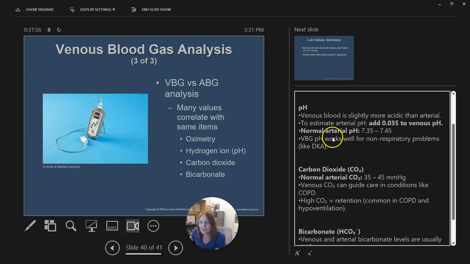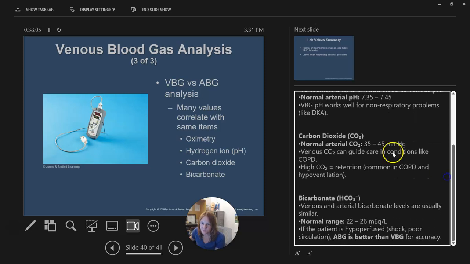So our normal pH for arterial is 7.35 to 7.45. Our VBG pH works well for non-respiratory problems like DKA. Carbon dioxide, our CO2. Normal arterial CO2, 35 to 45, the magic number. Our venous CO2 can guide care in conditions like COPD, so high CO2 retention is very common with COPDers as well as hypoventilation.